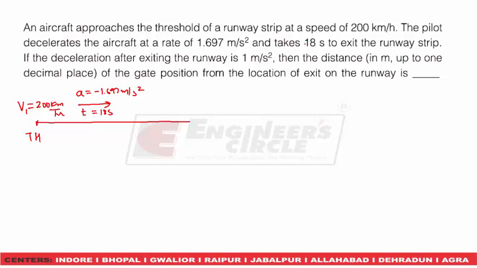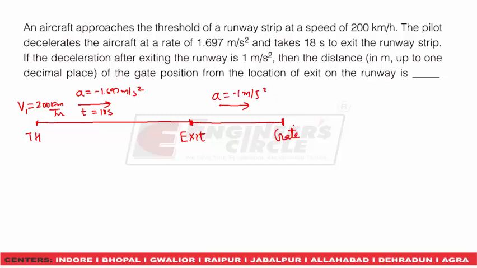So in 18 seconds it reaches the exit point, but after exiting there is some speed and the acceleration rate is minus 1 meter per second square, and after that it reaches the gate position.